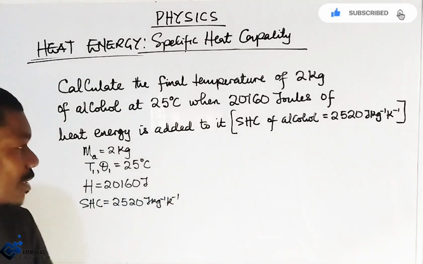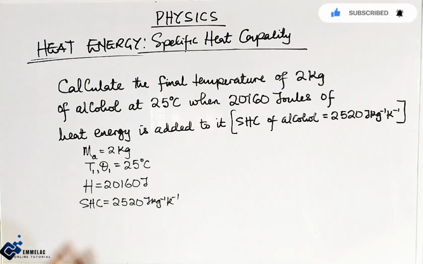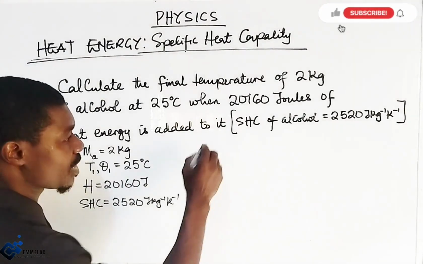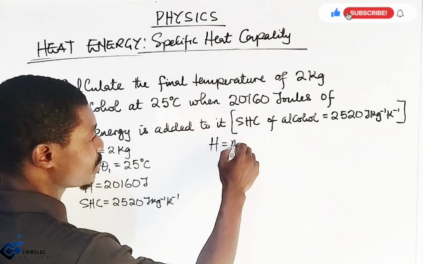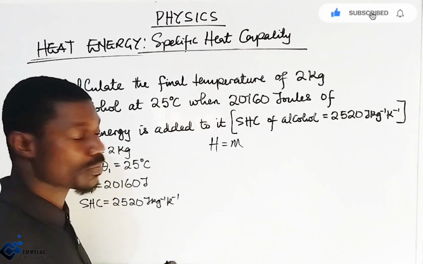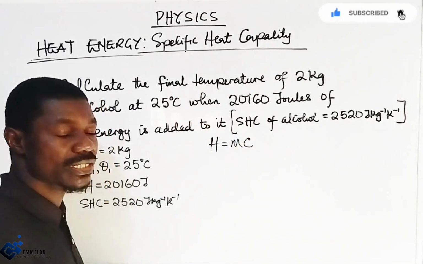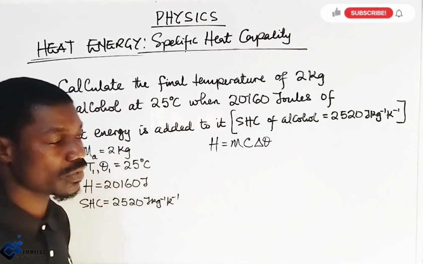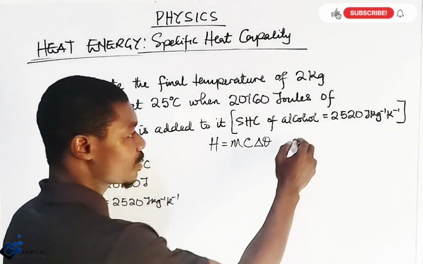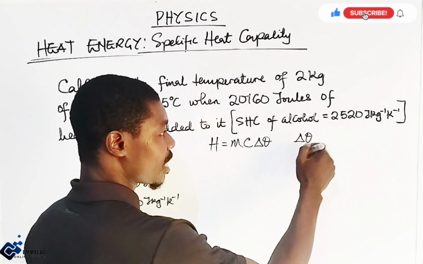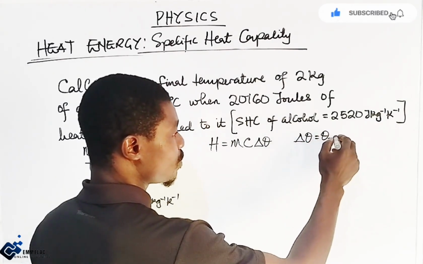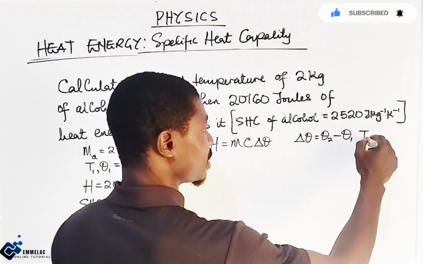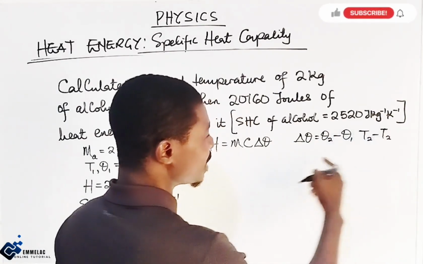Now, the next thing we need to do is to recall the formula for specific heat capacity, which is given as H equals the mass of the substance, times the specific heat of the substance, times the change in temperature. This change in temperature is change in theta, which is theta2 minus theta1, which can also be written as T2 minus T1.